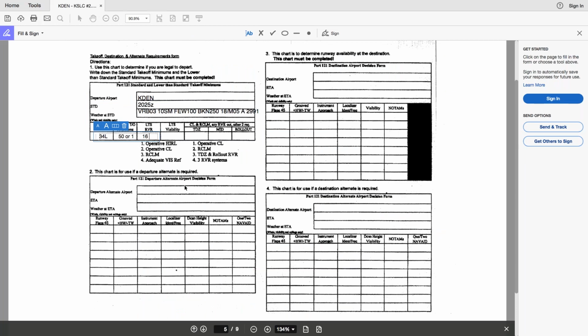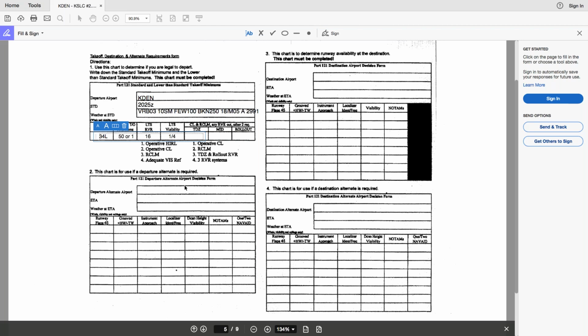So 1,600, basically, because it's asking for the RVR right here. Okay. So visibility, 1/4. Touchdown zone. So our RVR, there's a touchdown zone, mid, and rollout.